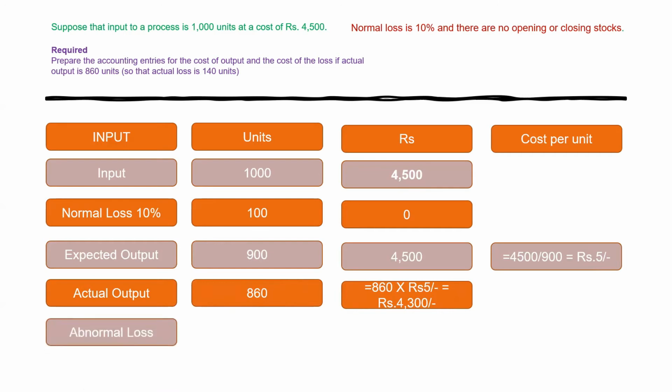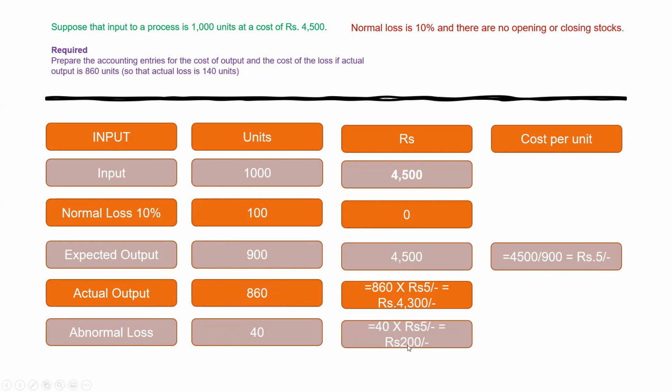Then we have an abnormal loss of 40, because we were expecting an output of 900, whereas our actual output was 860. So this is our loss, and it has to be allocated a cost. The cost will be 40 times 5 rupees per unit, so that will be 200.